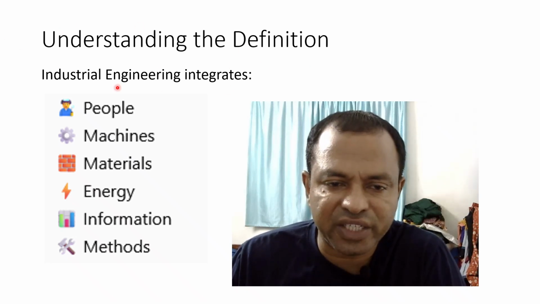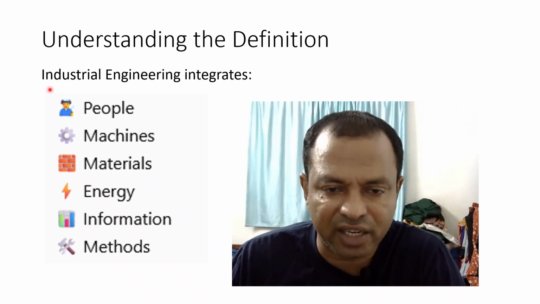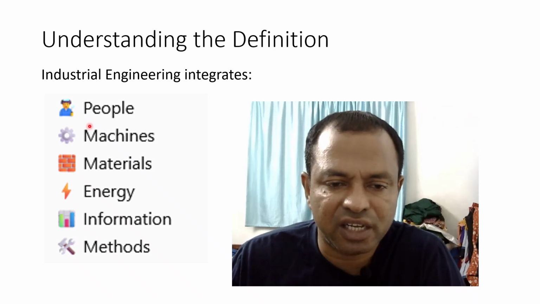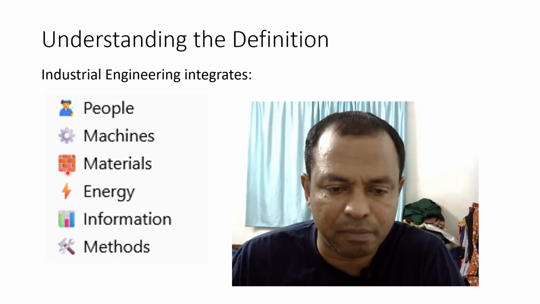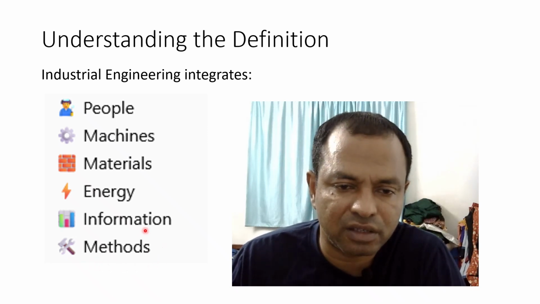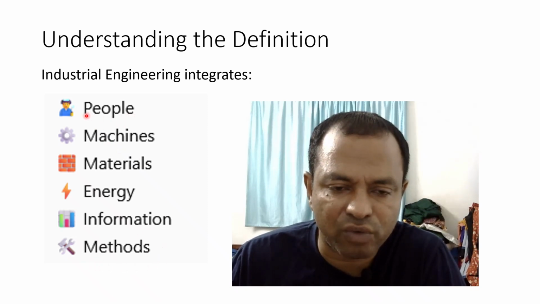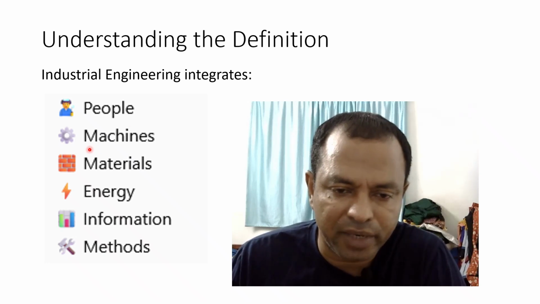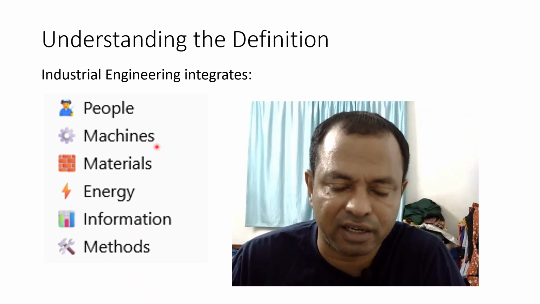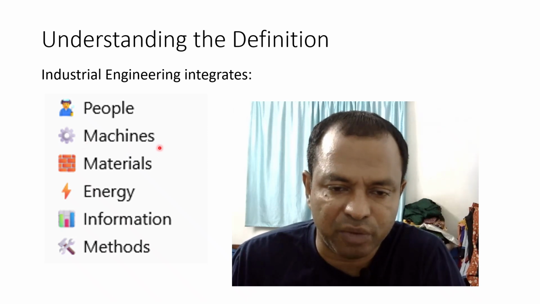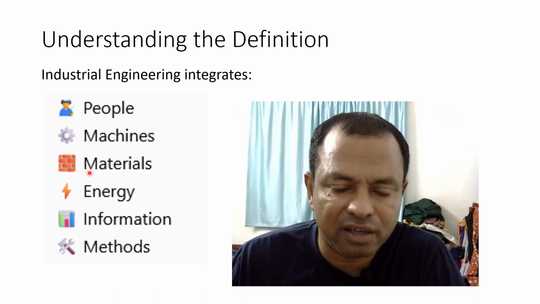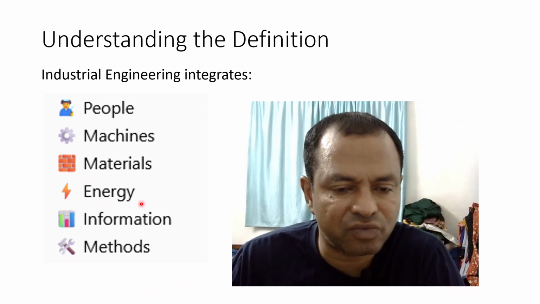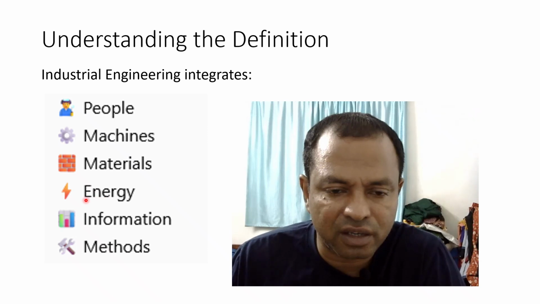So to understand the definition in a simplified way, industrial engineering integrates people, machines, materials, energy, information and methods. People are those who are working in a firm. Machines are machineries like lathe, drilling machine, casting equipments, etc. And materials are different types of materials like steel, plastics, etc. And energy is there in all the machineries.